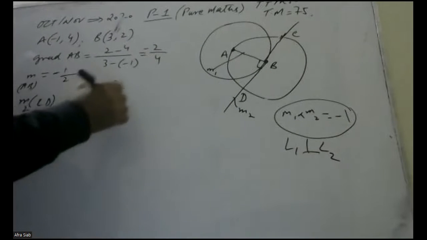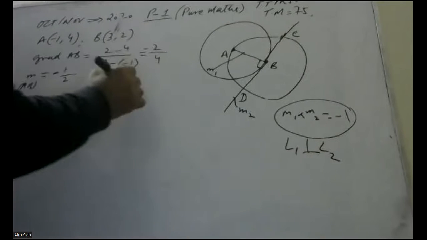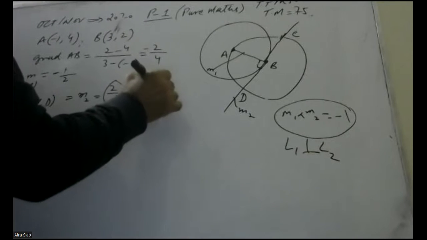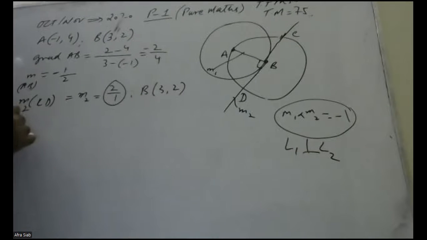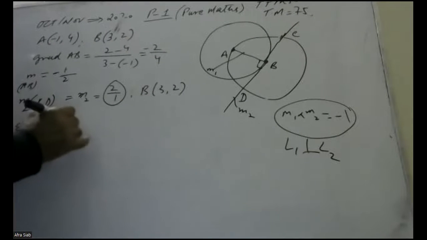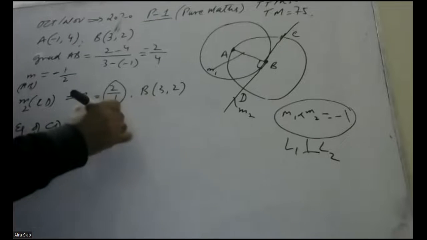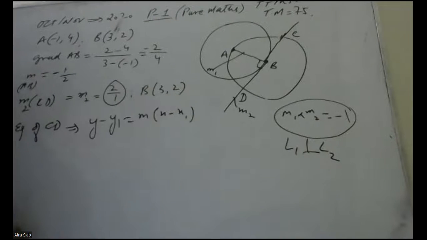So the gradient is what? 2. And it passes through the point B, which has coordinates (3, 2). So the equation of the line CD will be y minus y1 is equal to m into x minus x1.